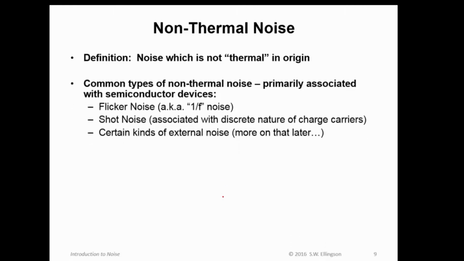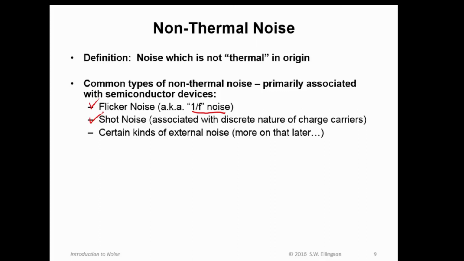Common types of non-thermal noise are primarily associated with semiconductor devices, and these include things like flicker noise, which is also known as 1 over F noise, and shot noise, which is associated with the discrete nature of charge carriers. We know that charge comes in chunks, we call them electrons, and we don't have half an electron, for example.